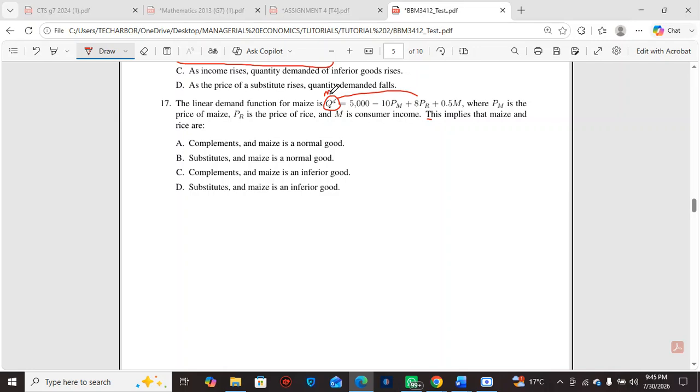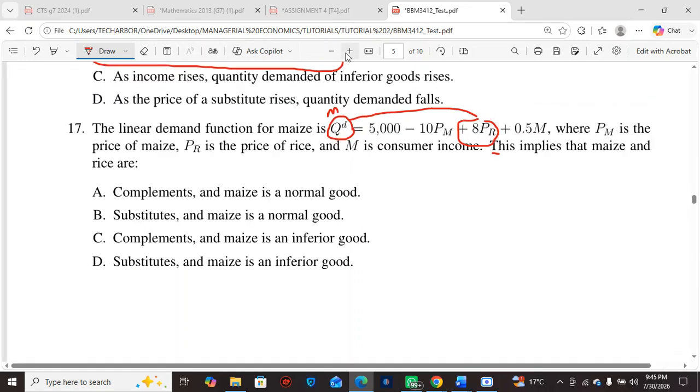We can see there's a positive sign, meaning if the price of rice increases, people stop buying rice and start buying maize, so quantity demanded of maize will increase.